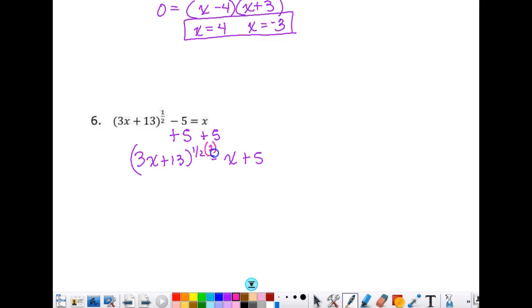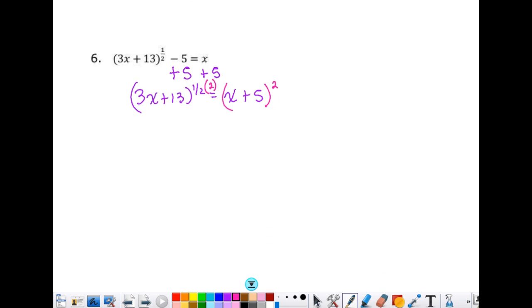Yeah, multiply by the reciprocal, which would be a 2 over 1. We really just use a 2. Okay, whatever I do to one side, I do to the other side. So I have to raise this to the exponent of 2 also. Okay, so on this side over here on the left, we get plain old 3x plus 13. And over here on the right, we get x plus 5 times x plus 5.